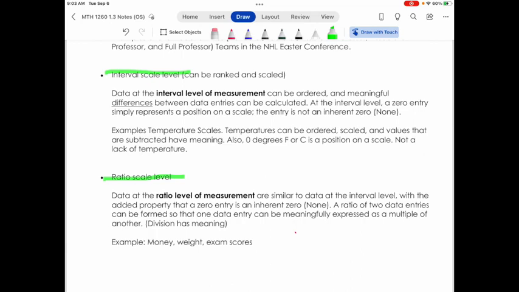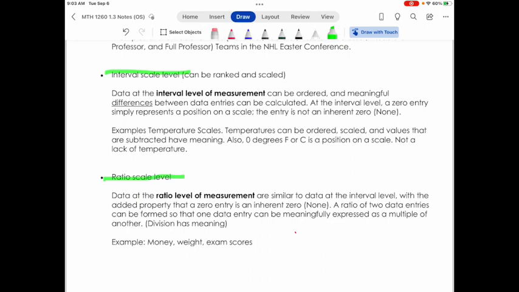The difference between these 2 is that the ratio level of measurement has what's called an inherent zero. That means the number 0 would literally mean none in that example. You're probably thinking to yourself that, well, that's how I think of 0 anyways, is none.